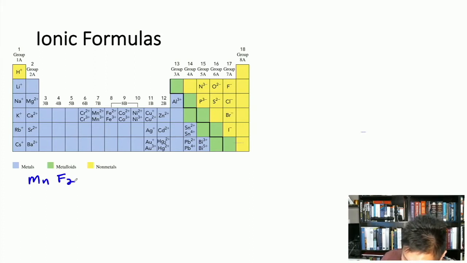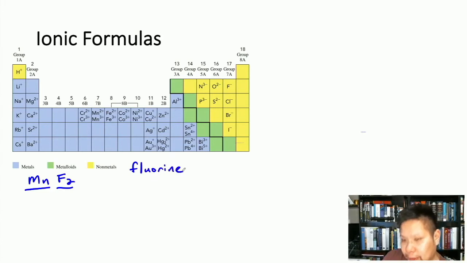How do I know what charge manganese is? Well, if I look over here at the fluoride, by the way, if I didn't already mention it, when a nonmetal becomes part of an ionic compound, for example here fluorine, it loses its -ine and becomes fluoride, right?